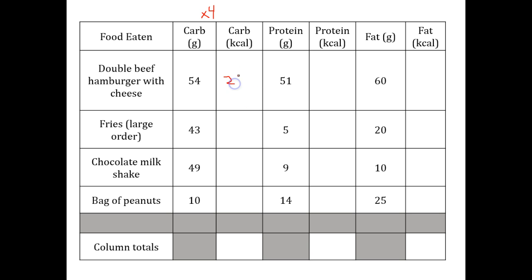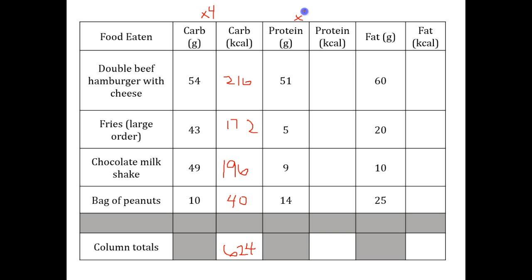So 54 times 4 is 216, 43 times 4 is 172, 49 times 4 is 196, and 10 times 4 is 40. I'm going to add all of these up to get 624.